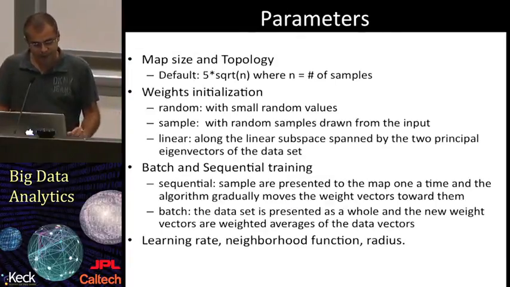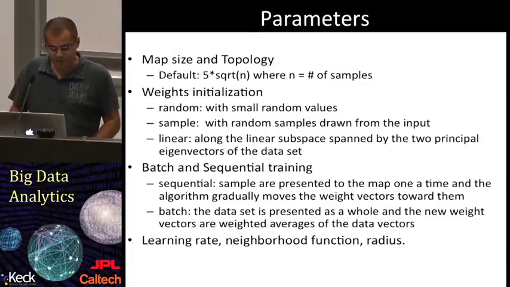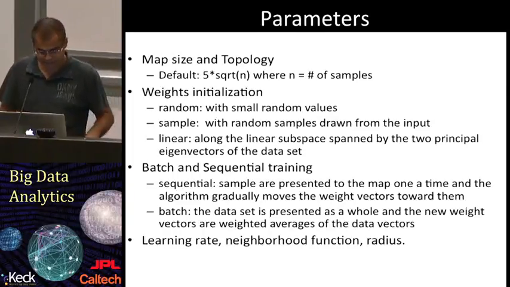Now, in this slide, there is a list of parameters that have to be tweaked when you want to use self-organizing maps. For example, we need to choose the map size and its topology. As a rule of thumb, if n is the number of samples, we can choose a number of units equal to 5 times the square root of n.